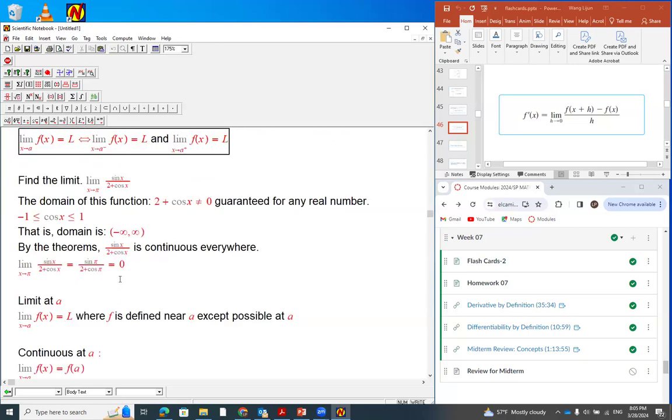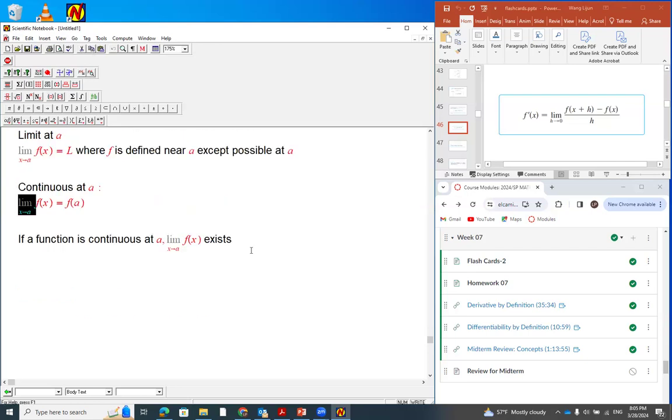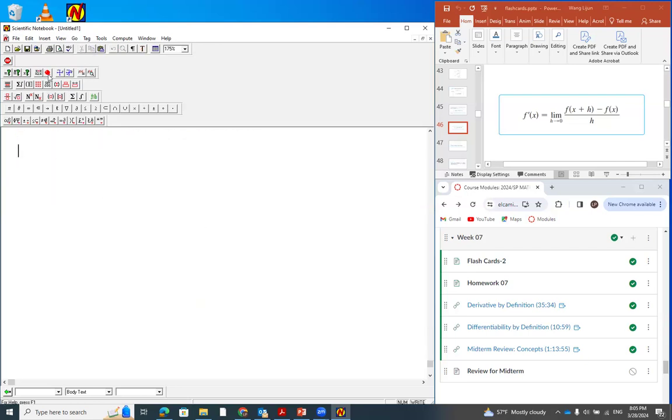Limit as h approaches 0. Maybe I can make the fonts larger, to 300%. Okay. So f of a plus h minus f of a, divided by h.